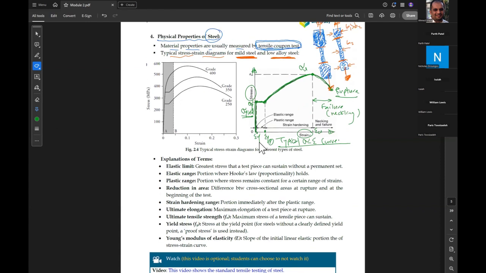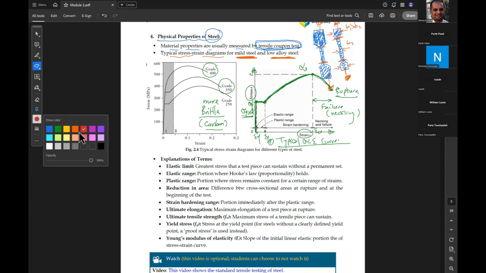And here, to the right, we have higher grades of steel, which have some carbon, so it is a little bit more brittle compared to mild steel because it has carbon inside. As you can see, for lower yield strength we have a curve typical to the one on the right.